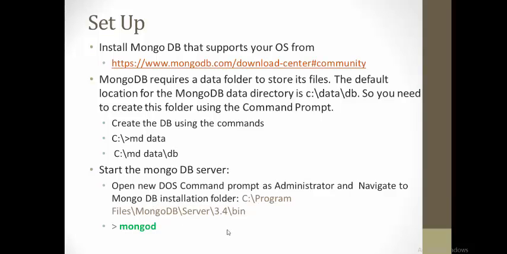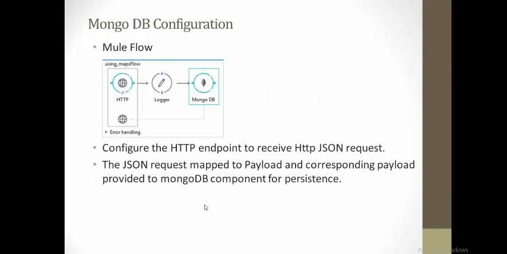Next we see how to configure MongoDB in Mule flows. Here I am configuring MongoDB in a Mule flow, and what I am doing is sending an HTTP JSON request from my Postman client, and I am storing that JSON document in MongoDB.